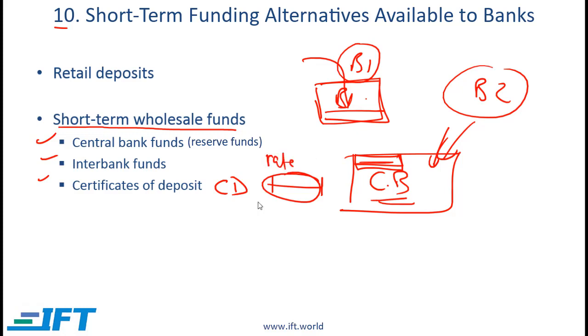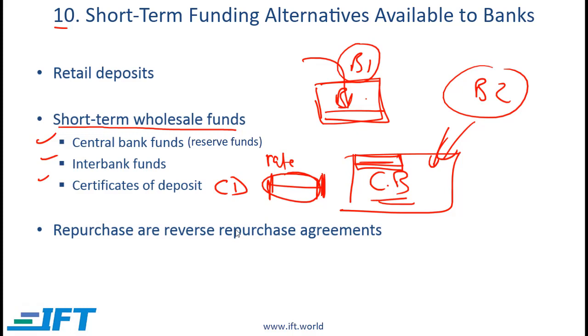Within CDs, we can have two forms, negotiable and non-negotiable. With a non-negotiable CD, the depositor is not allowed to take out money before the maturity date, and if the depositor does withdraw, then a fee needs to be paid or there is a penalty. With a negotiable CD, the depositor is allowed to sell the CD in the open market and get his funds.